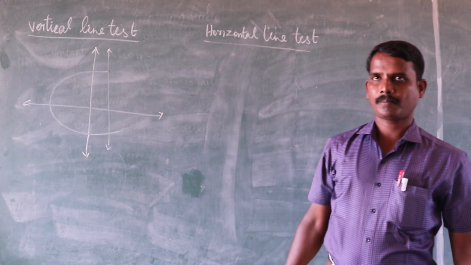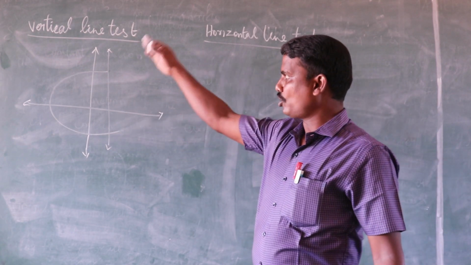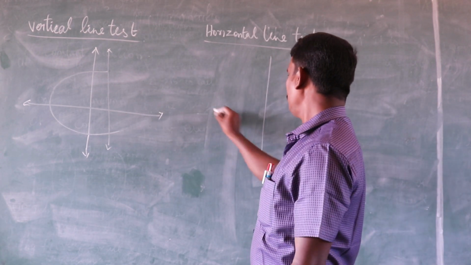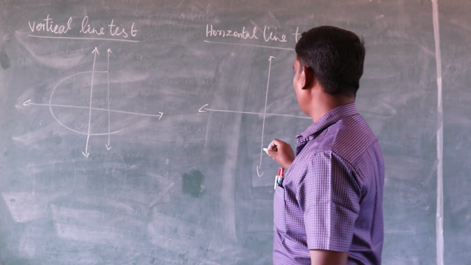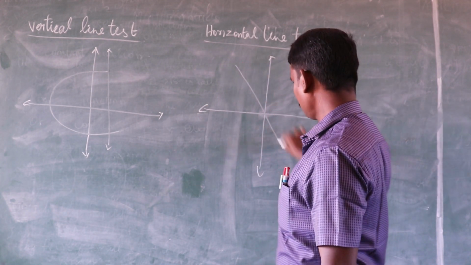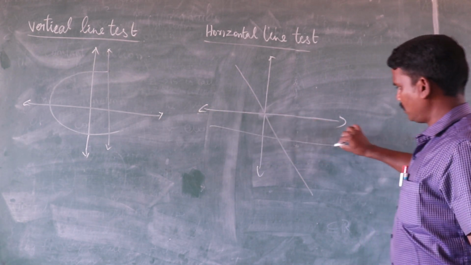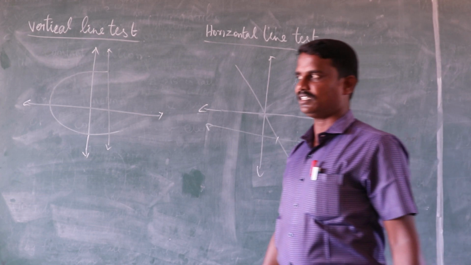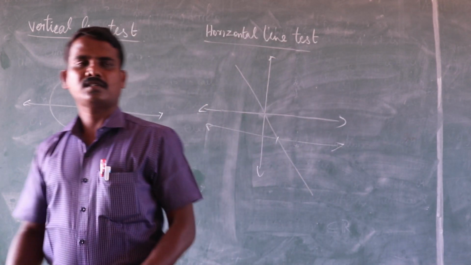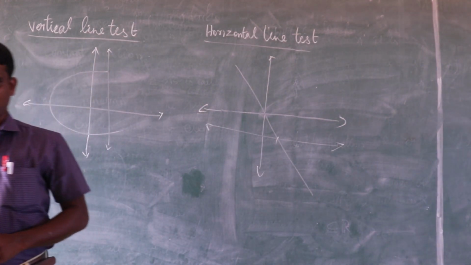Here we can draw one line parallel to the x-axis that intersects at most only one point, and it is called a function. Otherwise that curve does not form a function.